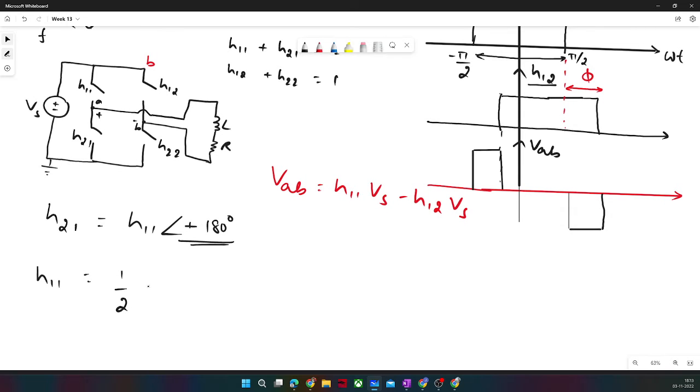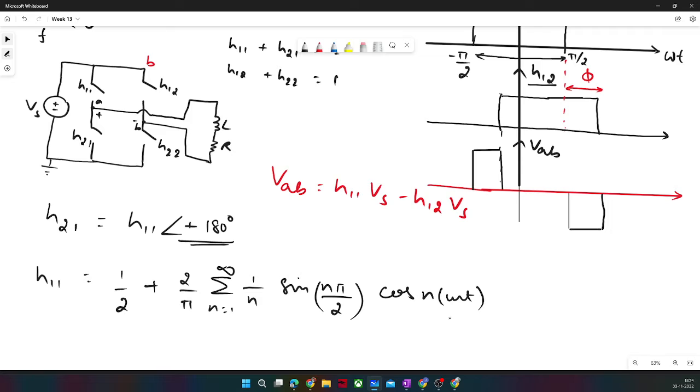So we can write half plus 2 by pi summation n is equal to 1 to infinity 1 by n sine n pi d, and d is half, cos n omega t.